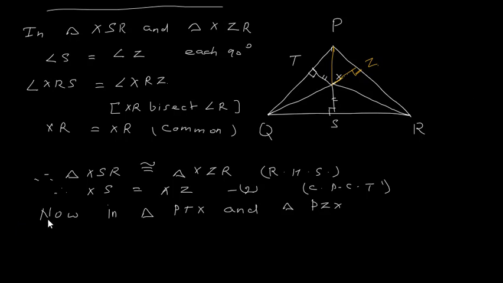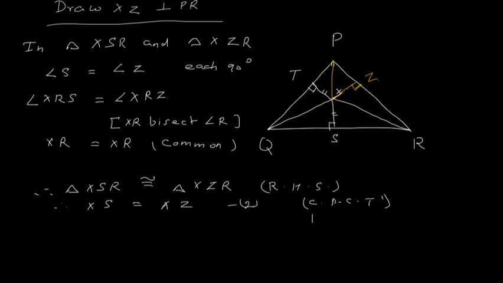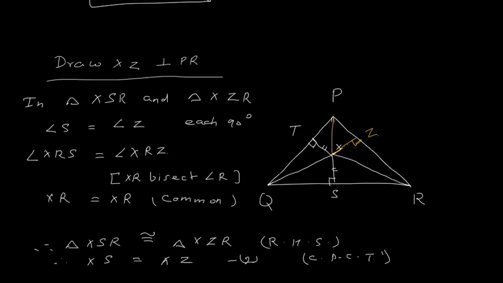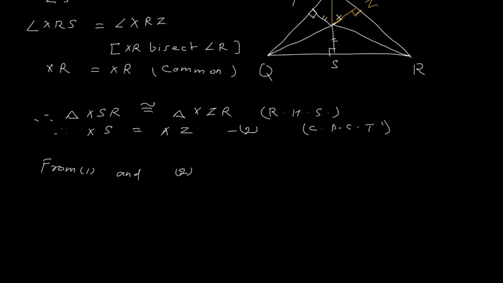So before we take these two triangles, from 1 and 2: in equation 1 we said that XT and XS are equal, and here we are saying that XS and XZ are equal. So from 1 and 2, we will say XT is equal to XZ. Let us take this as the third equation.